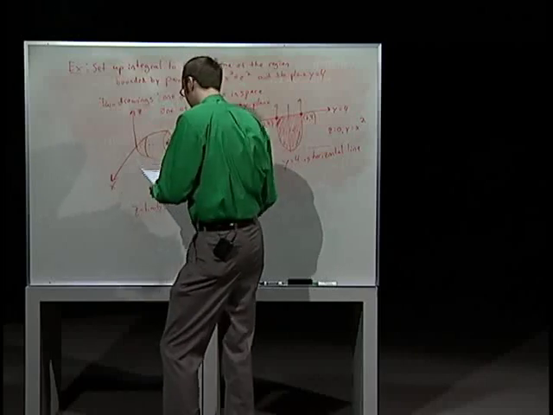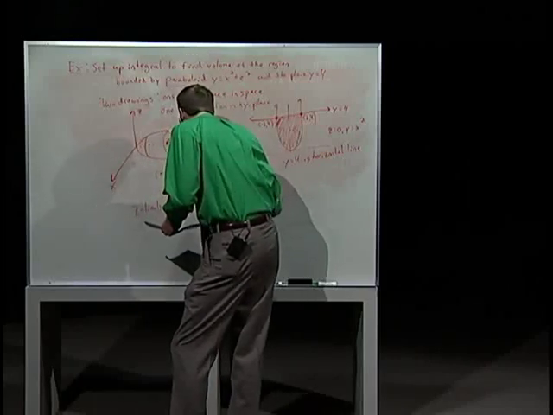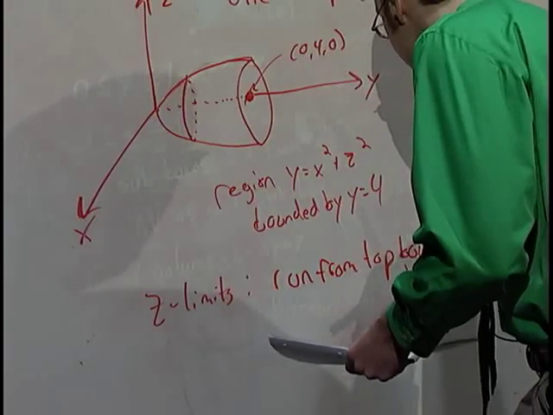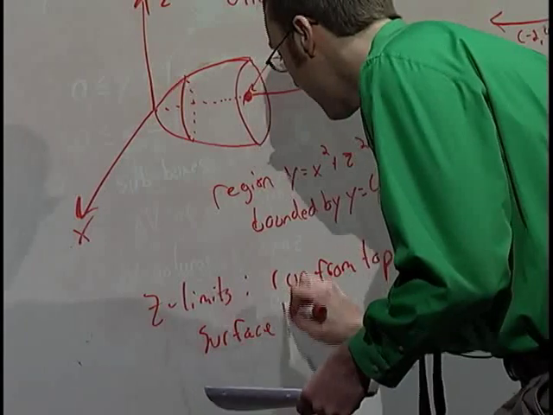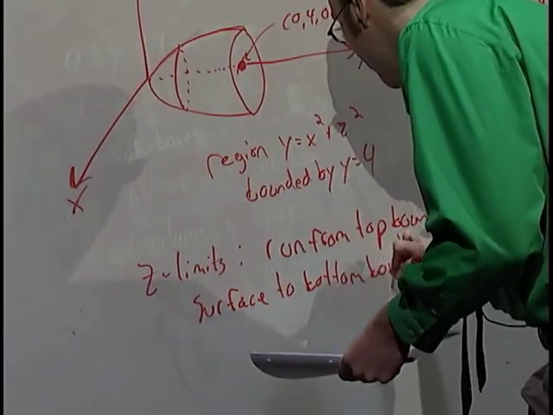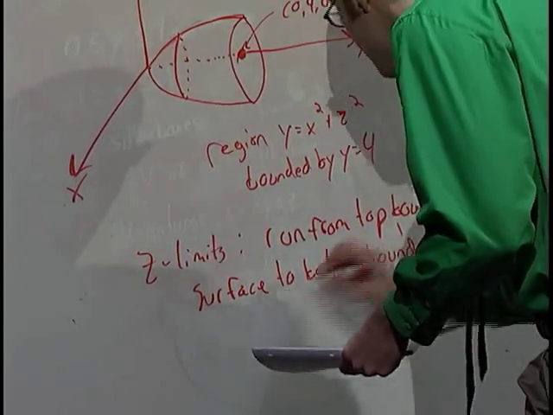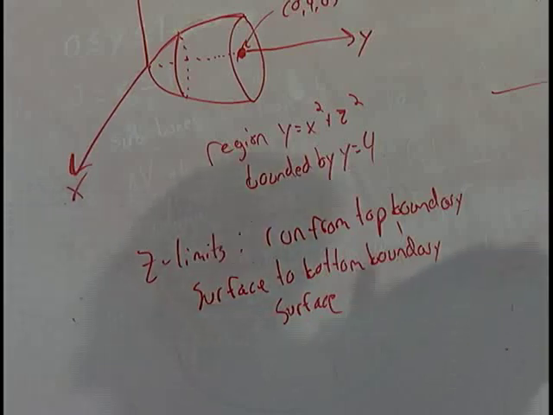Z limits of integration run from the top boundary surface to the bottom boundary surface.